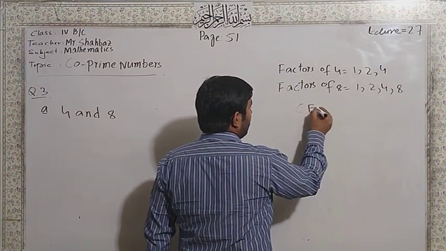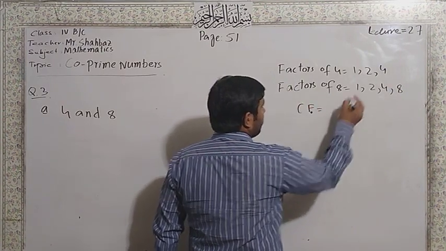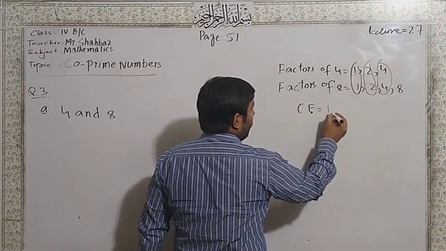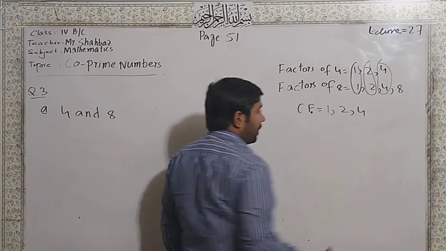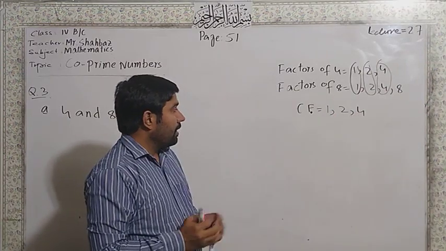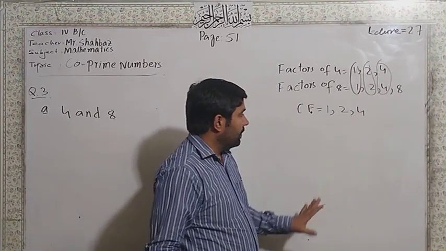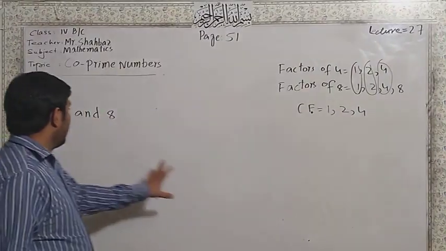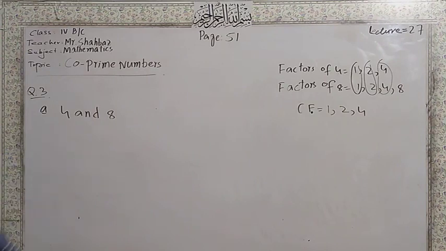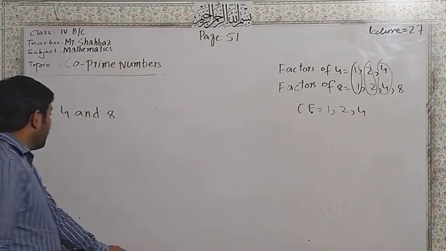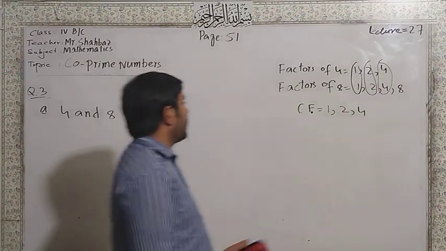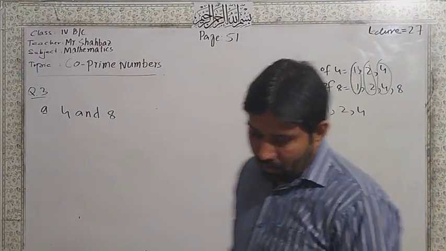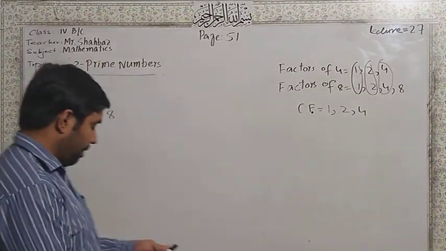Common factors: 1, 2 and 4. Here you can see that there is more than one common factor. You will leave it, you will not circle this one, because these are not co-prime numbers.